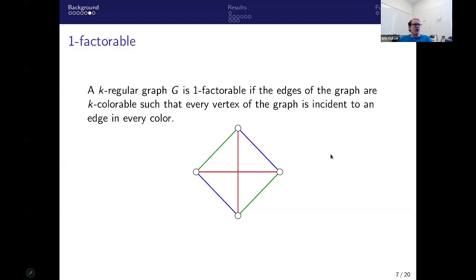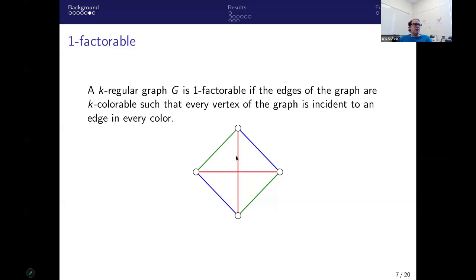Also, something that you should know for this talk is what one-factorable is. It's just if you have a graph which is k-regular, meaning every single vertex has k edges coming out of it, and also that it is k-edge colorable.